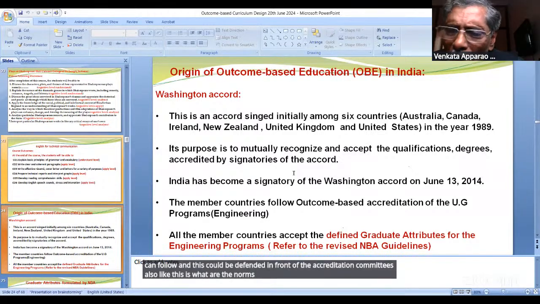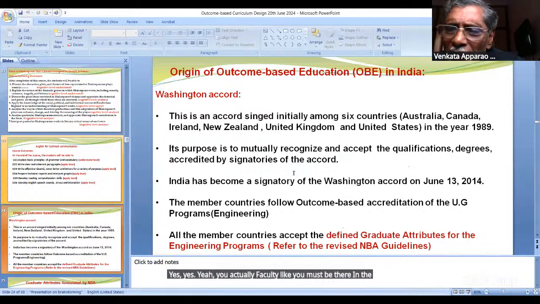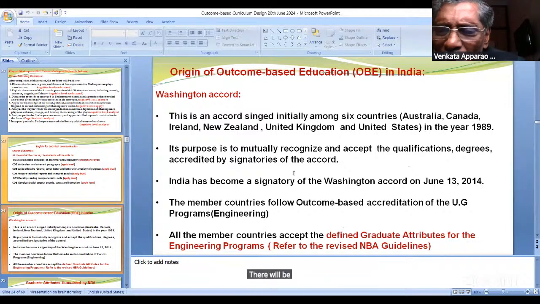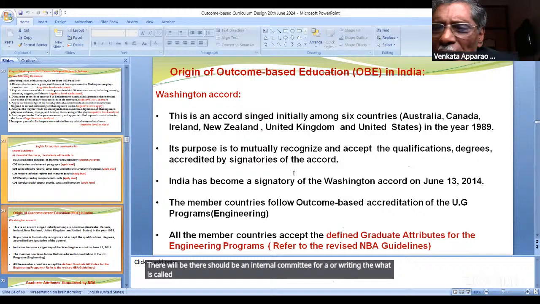Actually, faculty like you must be there in the accreditation internal committee. There should be an internal committee for writing the self-assessment report, the SAR, and to defend it.